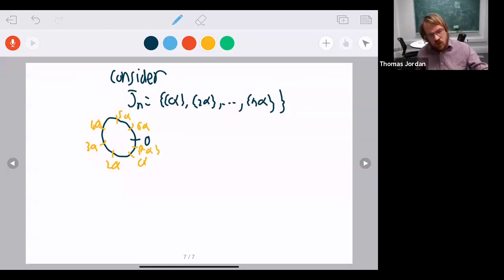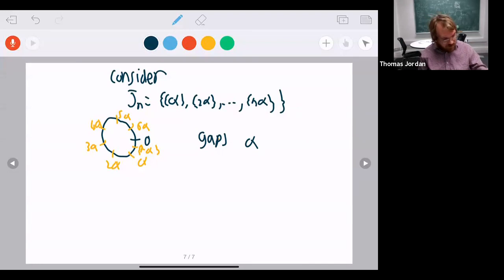So if we look at how they're distributed, and if we look at the gaps between points, well, there's only 3 possibilities. There's the gap, for example between alpha and 2 alpha, the distance is just alpha.